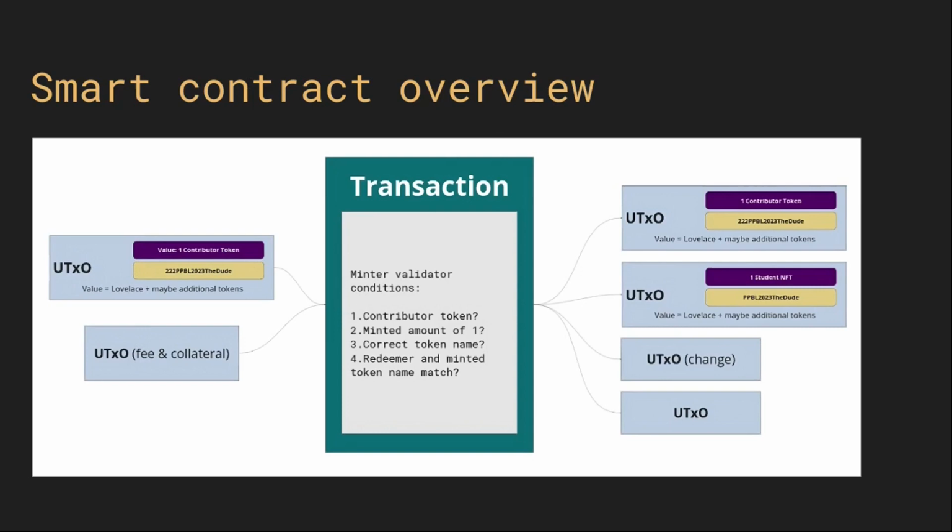So on one hand, we have as inputs one UTXO with the contributor token, another UTXO that serves as fee and collateral for the transaction, and on the other part, as outputs, we have one UTXO with our contributor token, one UTXO with the student NFT that is being minted, and another UTXO that could possibly serve as change.